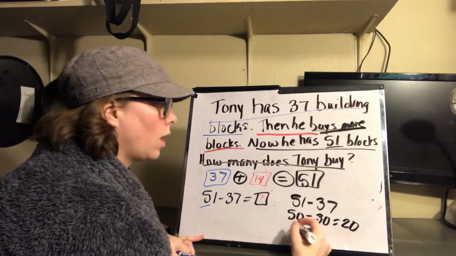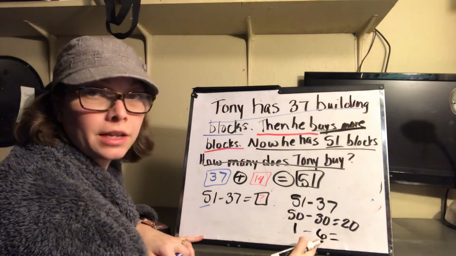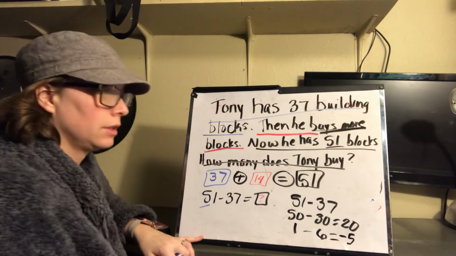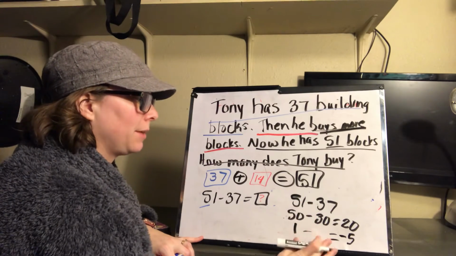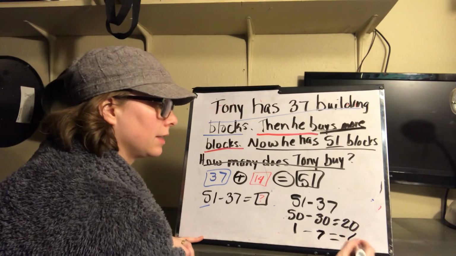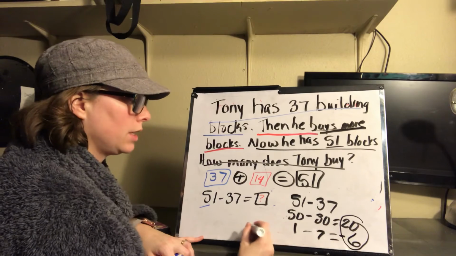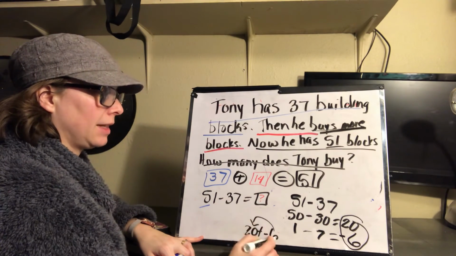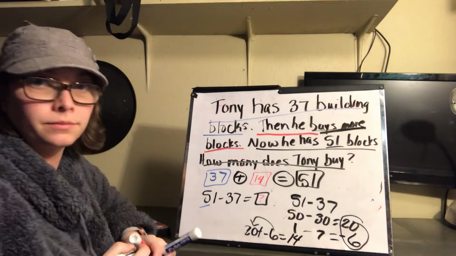Then they may do 1 minus 7 equals, and when they get to here, they need to know 1 minus 7 equals negative 6. I'm sorry, I already made a mistake. And then they have to take these two and do 20 plus negative 6, which means they take the 6 from the 20, and that equals 14.